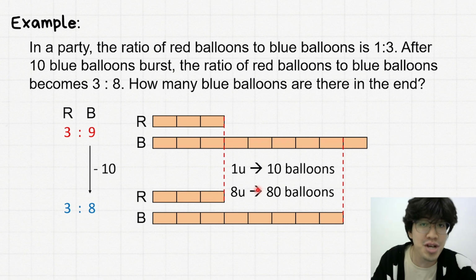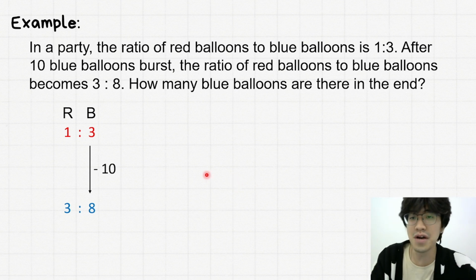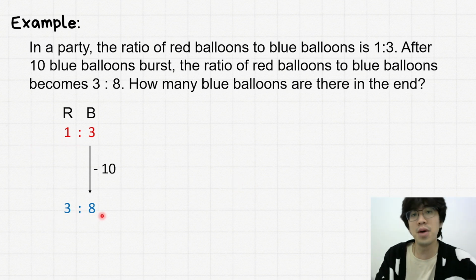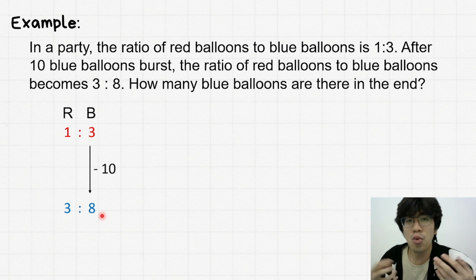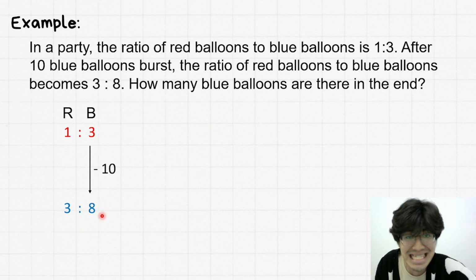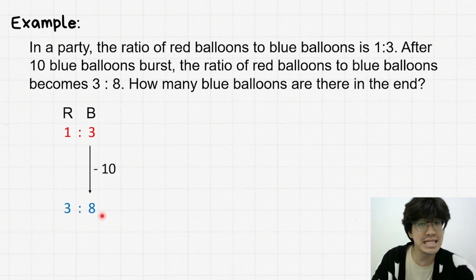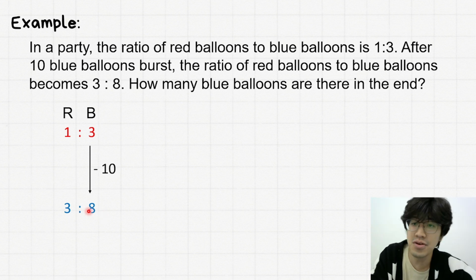Let me do a quick recap before you go. This is very important. In the beginning we have 1 to 3 for the first ratio and 3 to 8 for the second ratio. From our previous sessions, we have talked about how, if the ratio changes, what you have to look for is a constant value to unify the units. In this case, what is the constant value? The constant value is the number of red balloons.